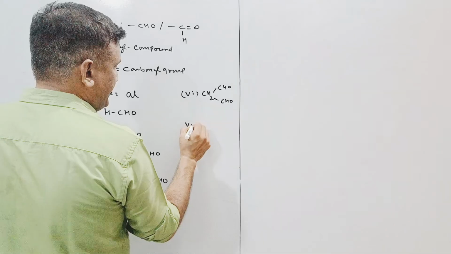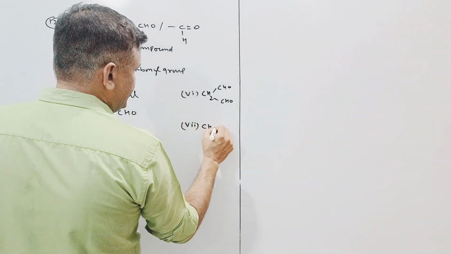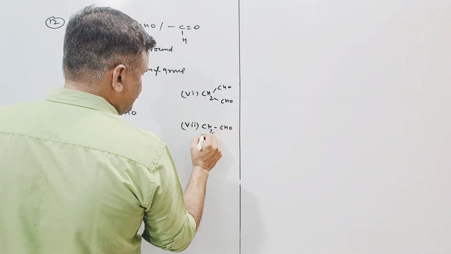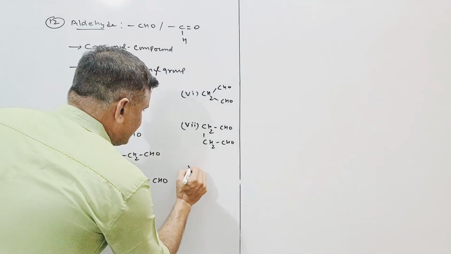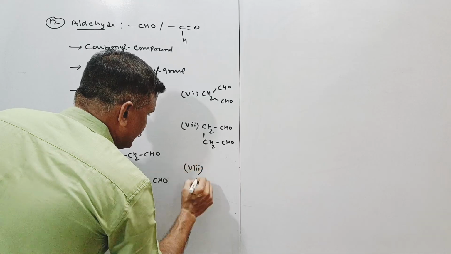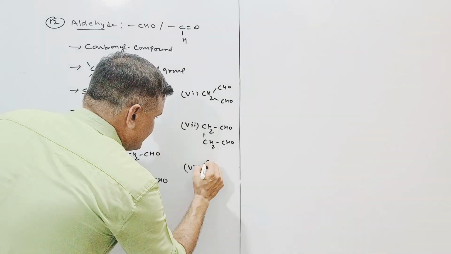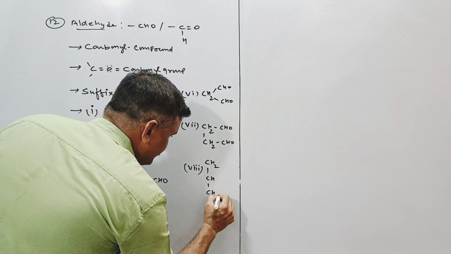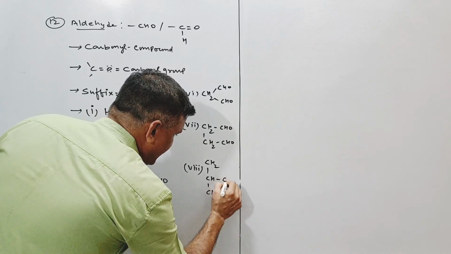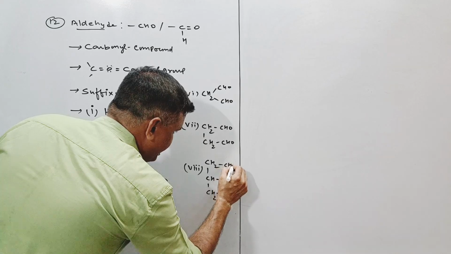This is the seventh compound. You can take CH2CHO and this is the CH2CHO. We can take the eighth compound over here, that is your CH2, this is the CH2, this is the CHO, CHO and CHO.